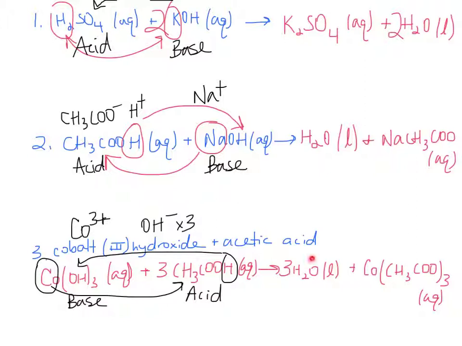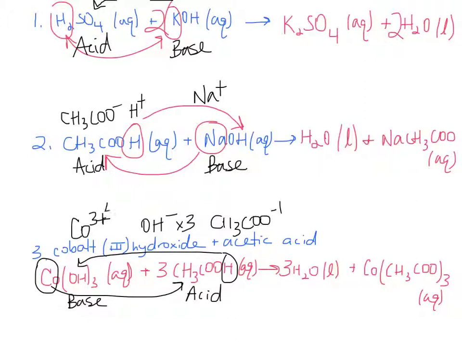And then we'll get, of course, water as one of our products, which comes from the H on the end of acetic acid. That H joins with the OH- to become H2O. And then the cobalt, the Co, is going to join with the CH3COO-. But because it's Co3+ and it's CH3COO-, we must need 3 of them. I'll write that here, CH3COO-.